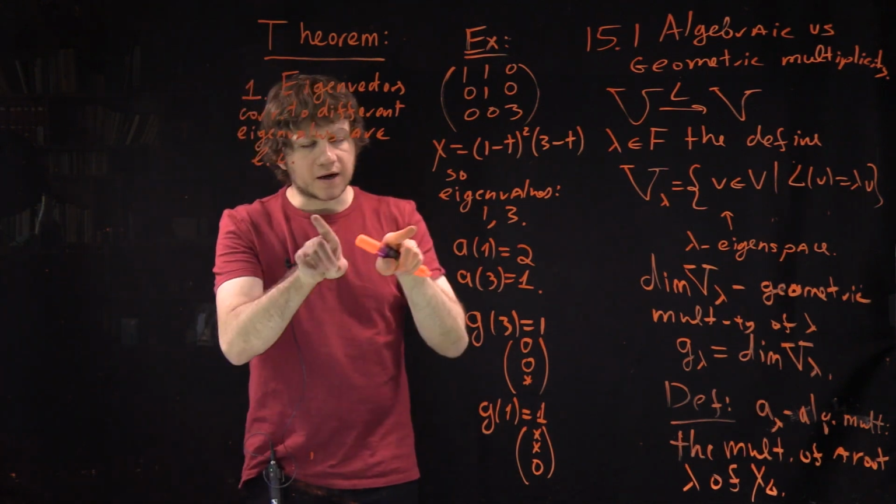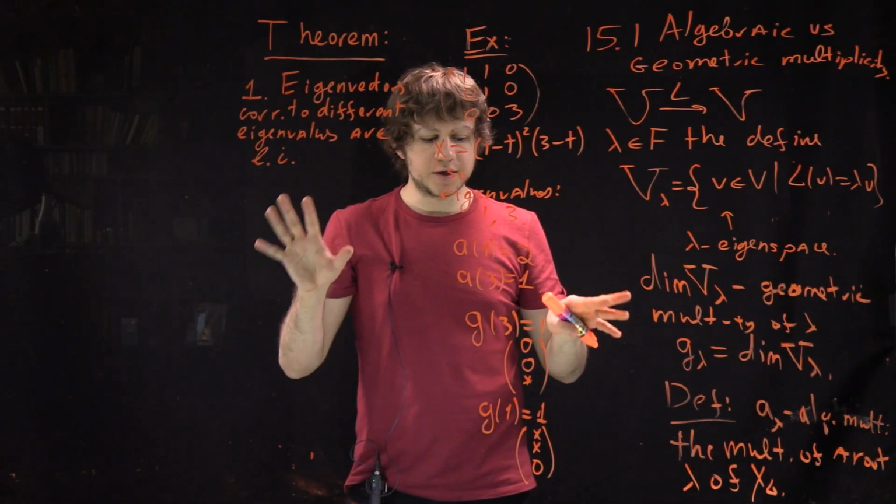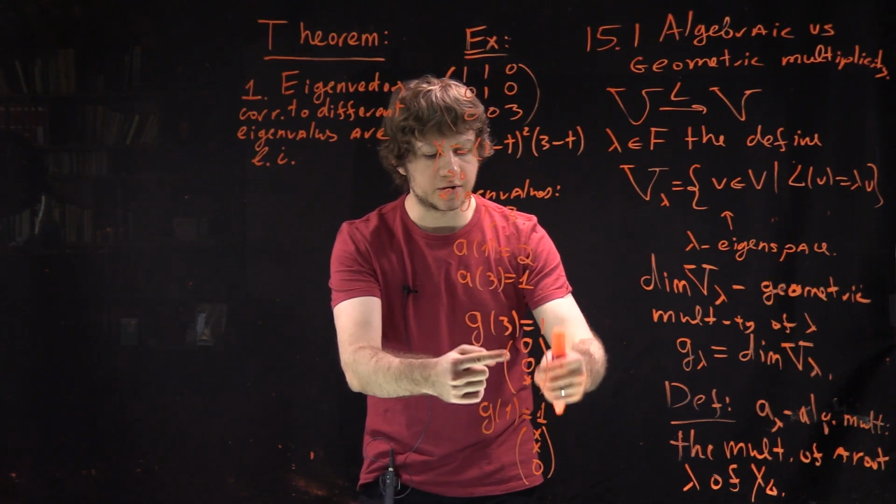So if you have eigenvectors whose eigenvalues are different, they are linearly independent. For instance, these two guys are linearly independent.